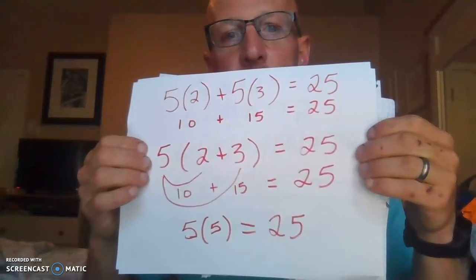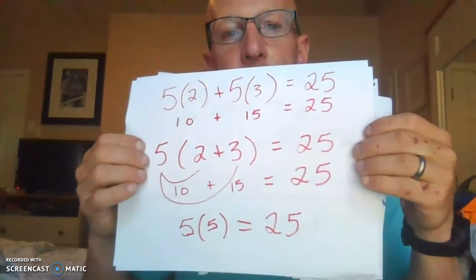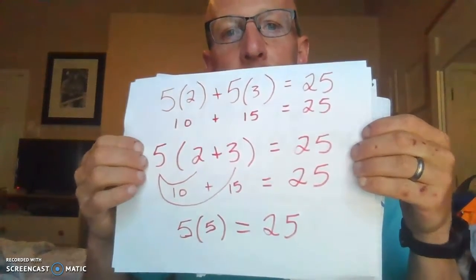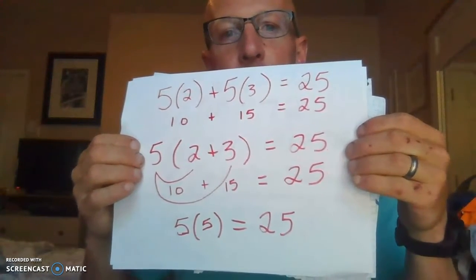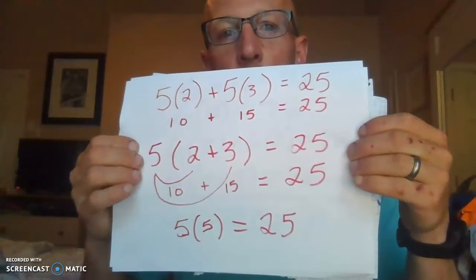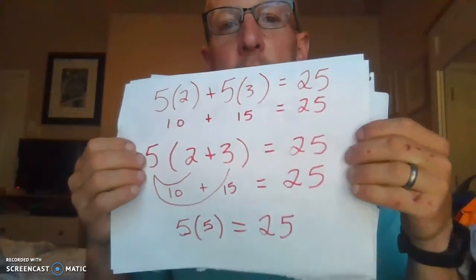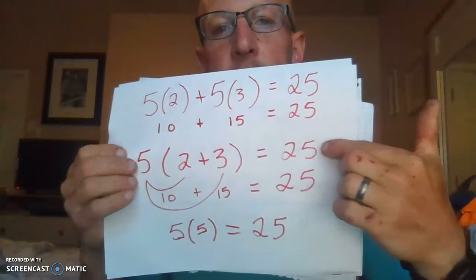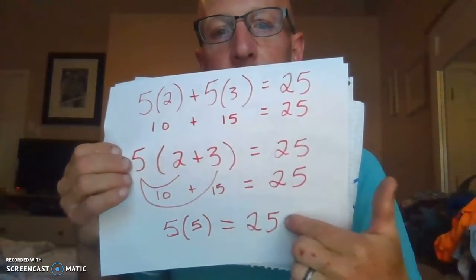The second example shows us how we can distribute the 5 across the 2 and the 3 in a different way. So using the order of operations, of course, we could add 2 plus 3 in the parentheses for this example, and it would give us 5 times 5.